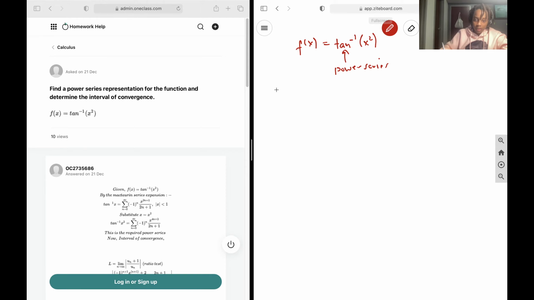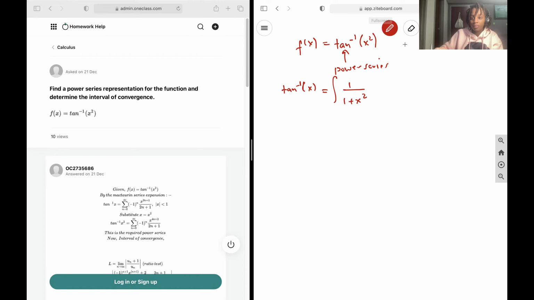And so we know that the derivative of inverse tan x is equal to 1 over 1 plus x squared. So we can just rewrite this as the inverse tan is equal to the integral of 1 over 1 plus x squared.